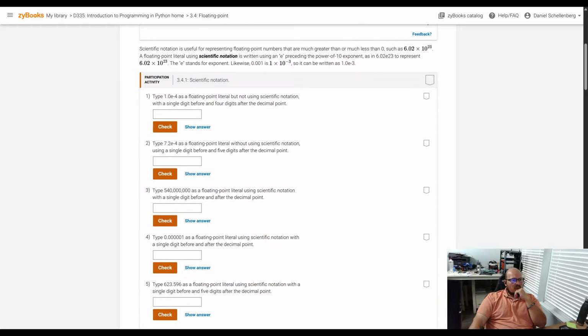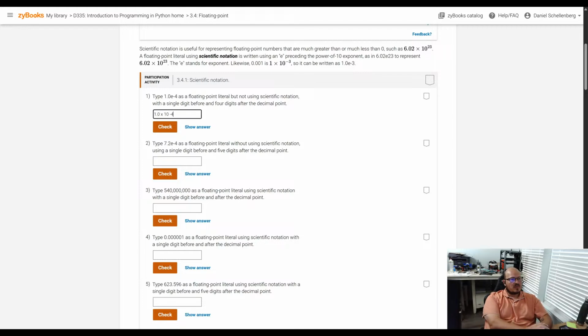Type 1.00e negative 4, actually, as a floating point literal, but not as scientific notation, with a single digit before and 4 digits after. So is it saying that it wants me to do 1.0 minus or negative 4, or 10 to the negative 4? Is that what it's wanting me to do?